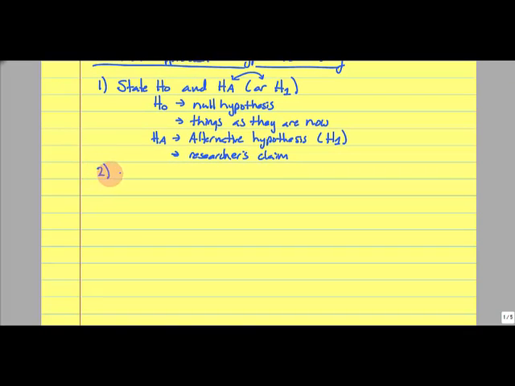The second step is to state the level of significance. The level of significance is the Greek letter alpha. This is basically looking at how much I'm willing to be wrong.